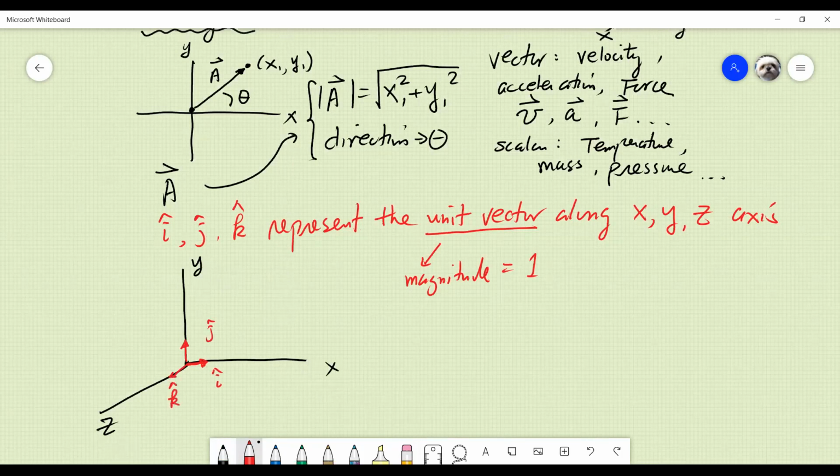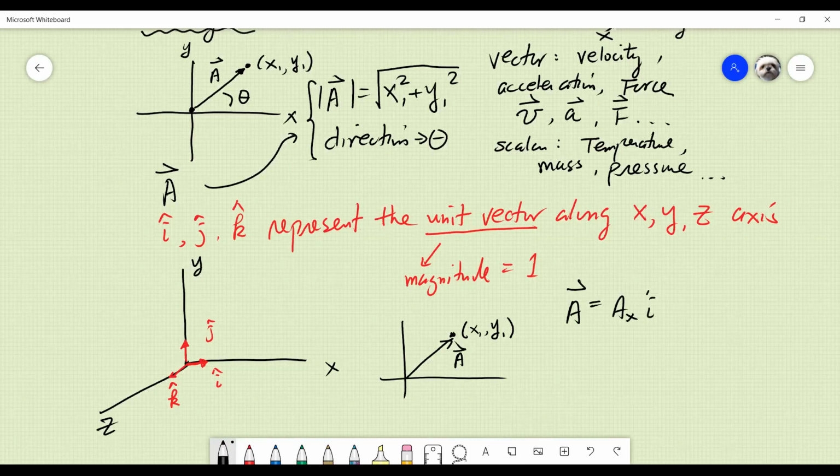You got it? Now why is this IJK notation important, right? So if I have a vector like the A, the one I had before, and this point here is x1 and y1, what I can do is write A equal to AX i plus AY j.